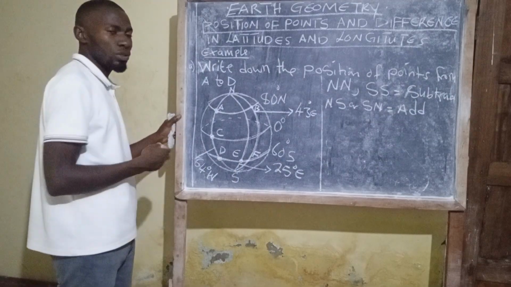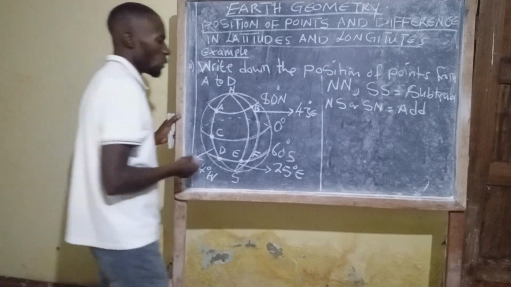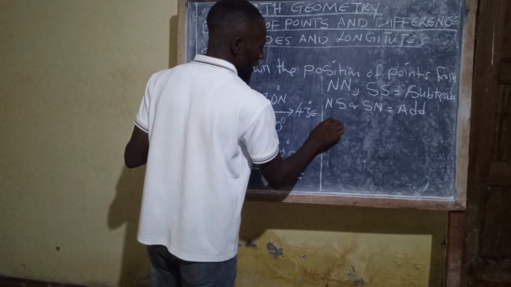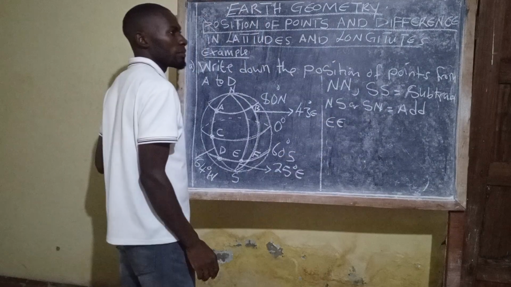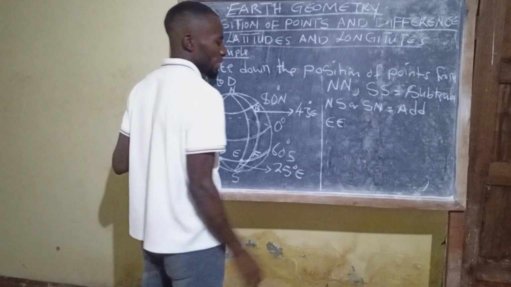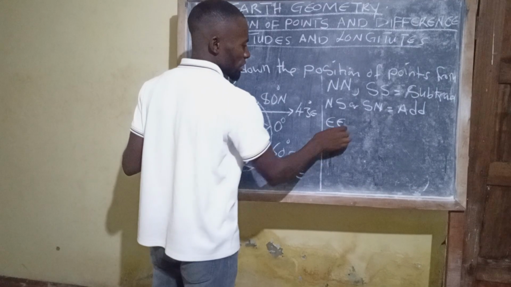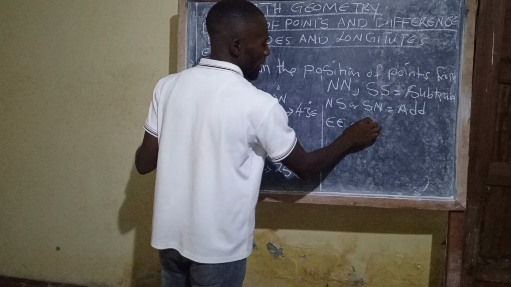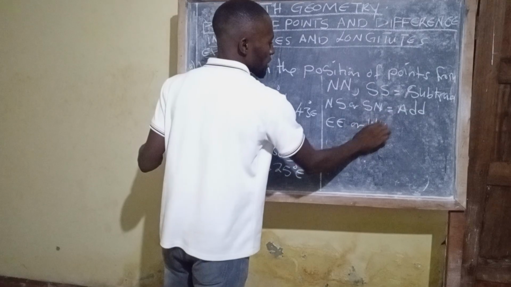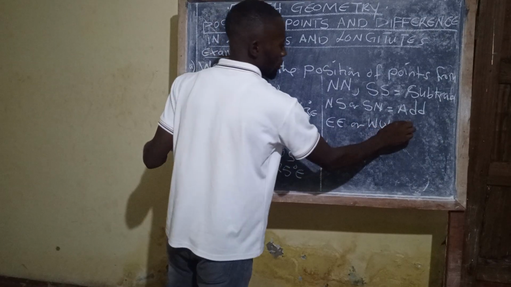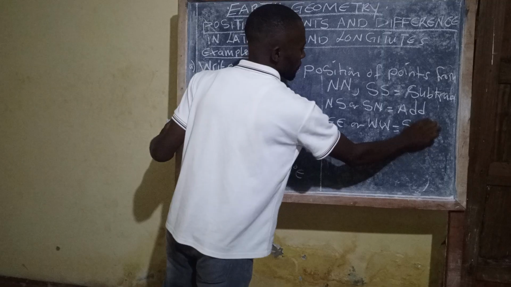When we come to the longitudes, it's the same thing. When both longitudes are on the same side, east, or they are in west, what do you do? You subtract.